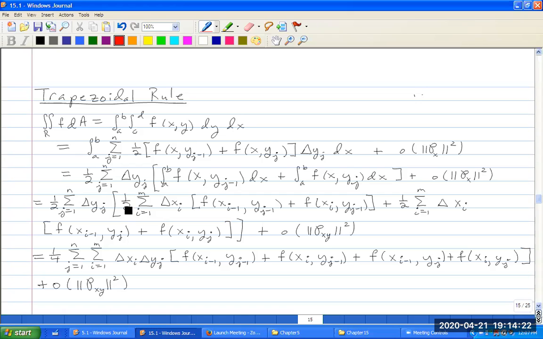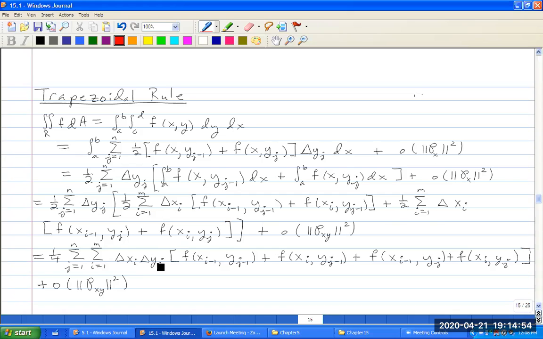So, half sum j equals 1 to n, i equals 1 to m of delta x sub i, delta y sub j. This is going to be f of x sub i minus 1, y sub j minus 1 plus f of x sub i, y sub j minus 1 plus, let's see, these are all the same because, yes, this is the same.